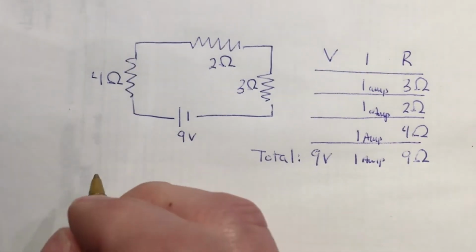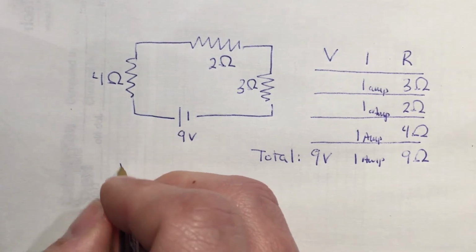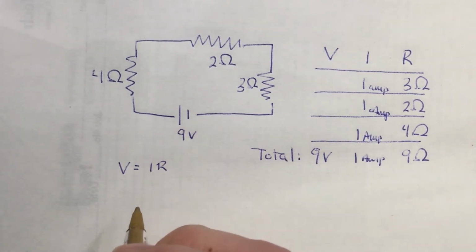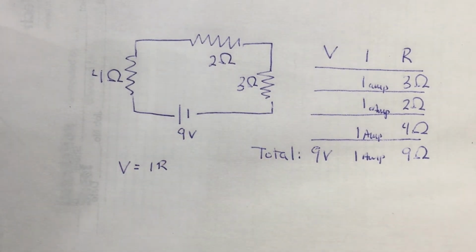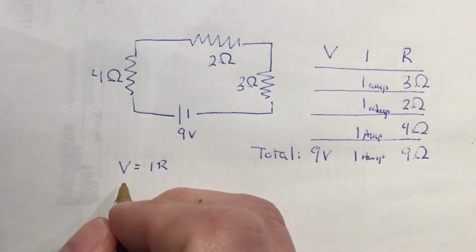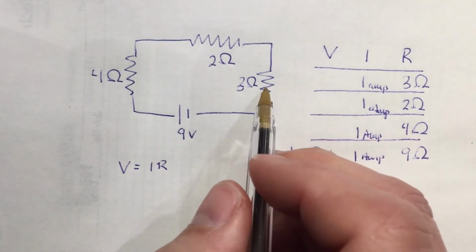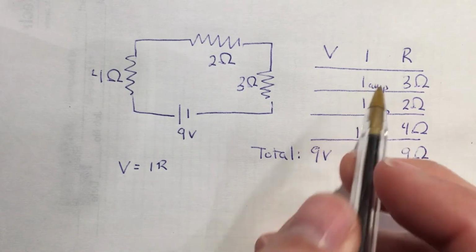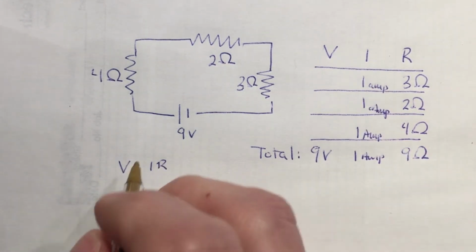Now, keep in mind that it's always the case that V is equal to I times R. So if we look, we could say for resistor 1 right here, where we have a 3 ohm resistance and 1 amp of current, we could look and try to find what the voltage is.